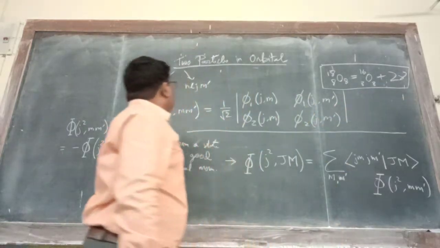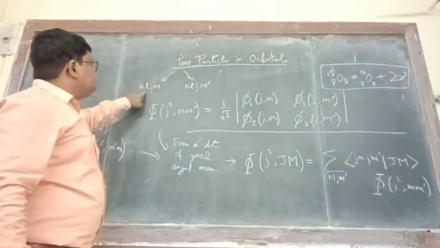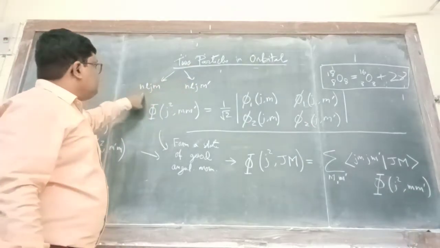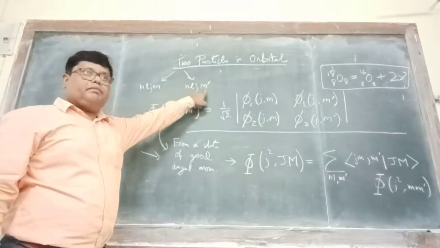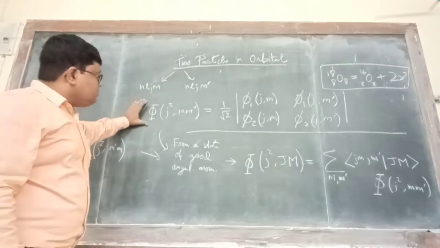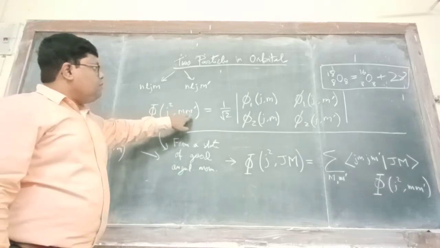Since we have two particles, let us write down the individual quantum numbers n l j m, n l j m prime. So the total wave function I can write as j square m m prime.